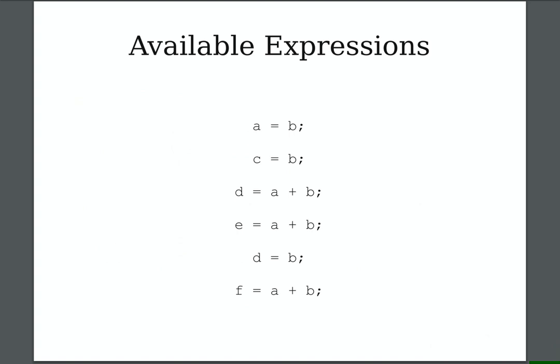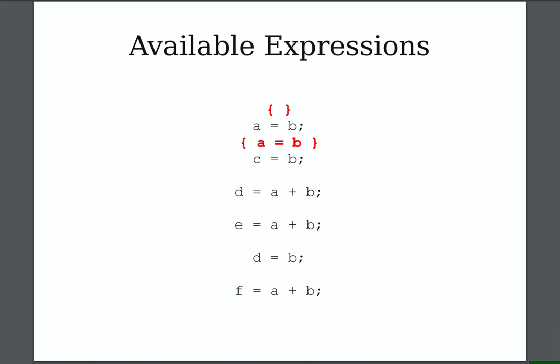So let's take a look at our available expressions analysis. Let's just review this really quickly. So we step forward through the basic block, and we start with the empty set. So we assume that there are no assignments before this point in the code. And each time we see an assignment, we add this assignment to our set of available expressions.